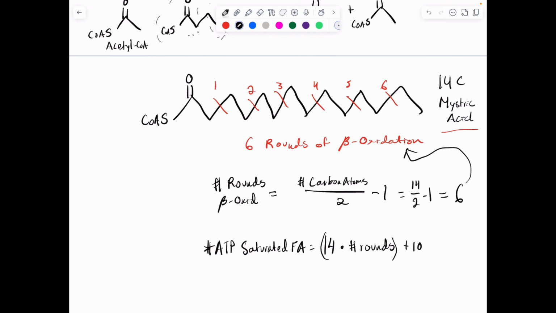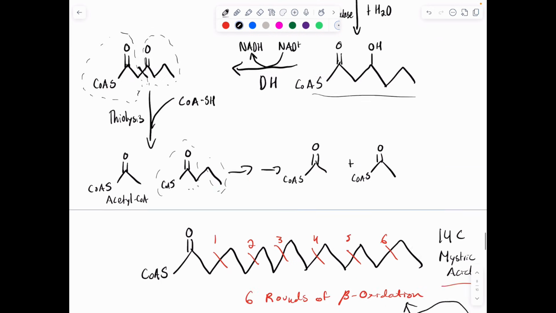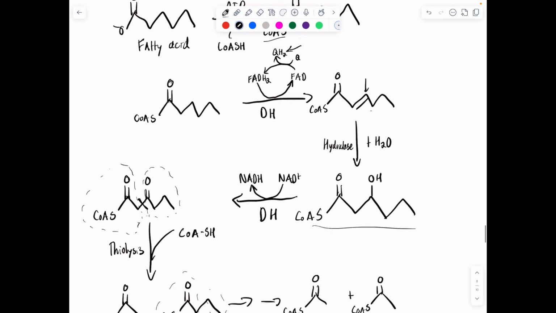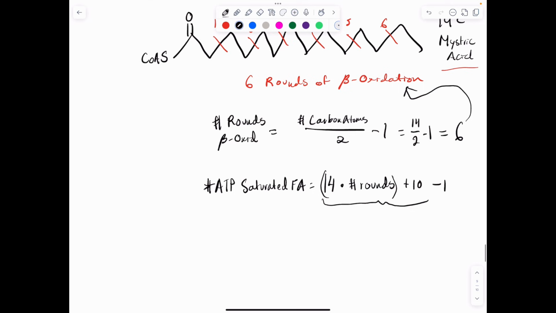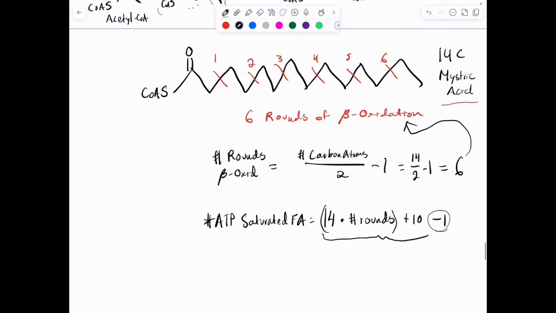So this is the formula that is present in the slides, but he said in the lecture, and it's shown in the practice exam keys, that you also subtract one more ATP because of the activation of your acyl-CoA earlier. This activation step costs an ATP, which leads to subtracting one more ATP. Now, there is a caveat.